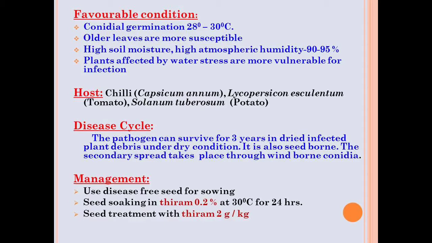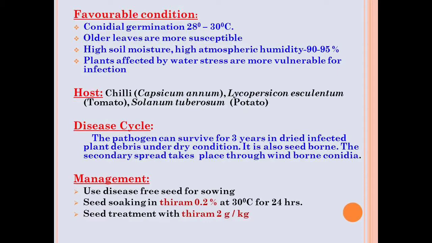Similarly, seed should be treated with Thiram 0.2%, or 2 gram per liter of water. And after the emergence of this disease, you can also spray a triazole group of fungicide, which was found very effective against this Alternaria blight.